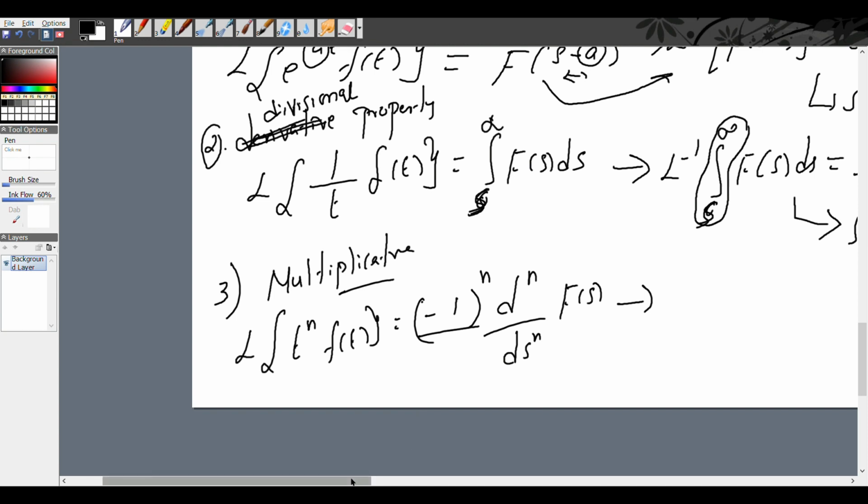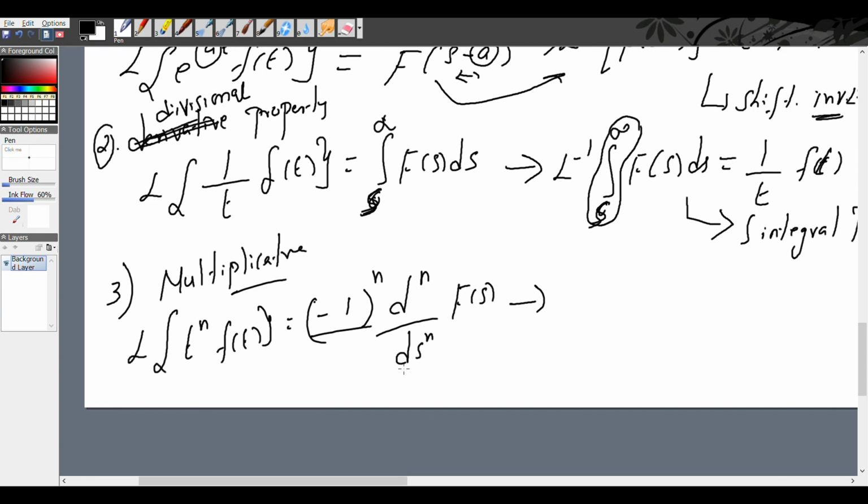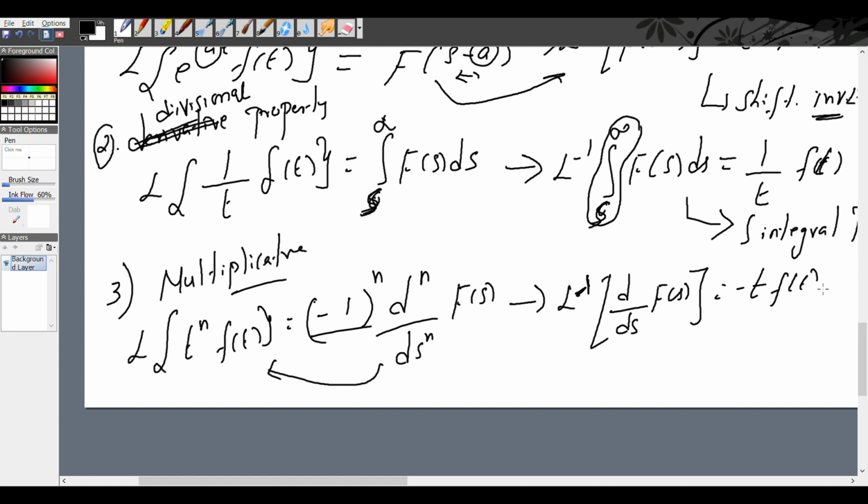To go back to the time domain, we need to take inverse Laplace transform. L inverse of d by ds f of s is equal to minus t f of t.